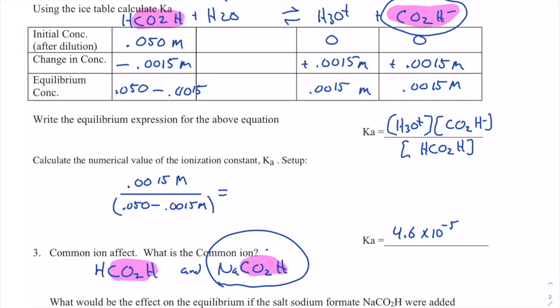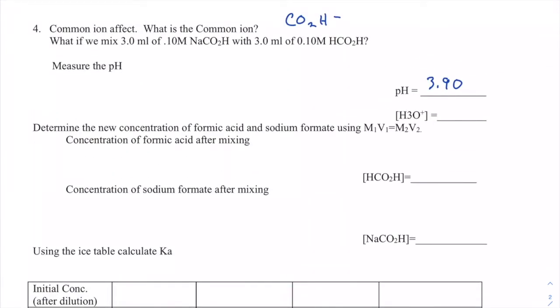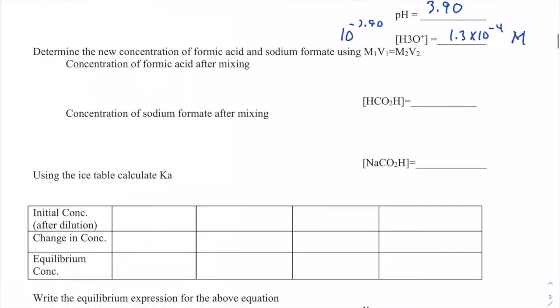The pH goes up because the hydronium decreased. And that's what Le Chatelier's principle would predict. So 10 to the minus 3.90 is 1.3 times 10 to the minus 4th molar for our hydronium.